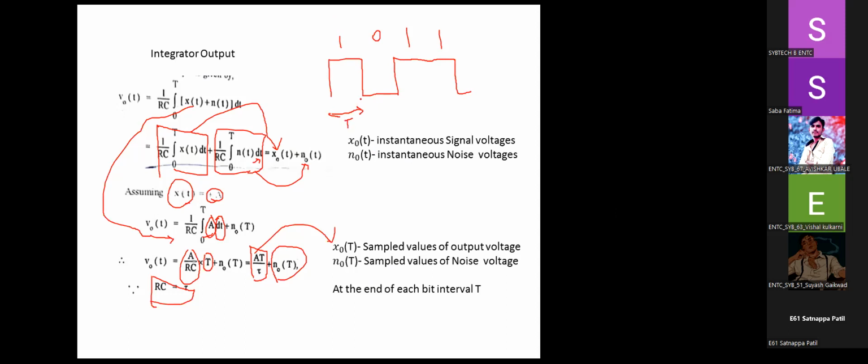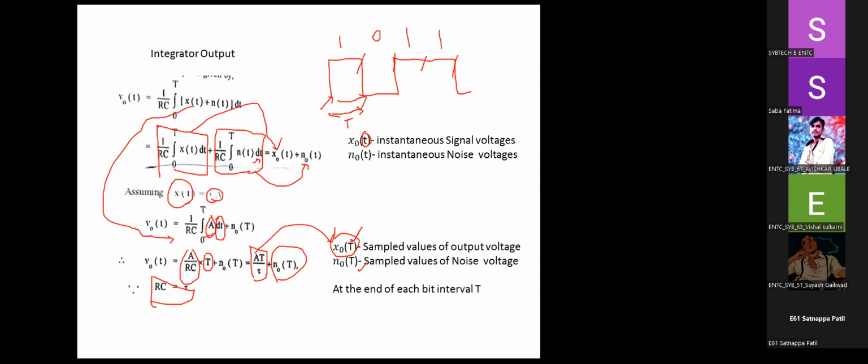So at each bit interval I'm talking, at this end, at this end, at this end, and at this end, I am going to get the value as x naught of t. At the beginning, what will it be? At the beginning, it will be t. But when it is getting sampled, it turns out to be capital T.